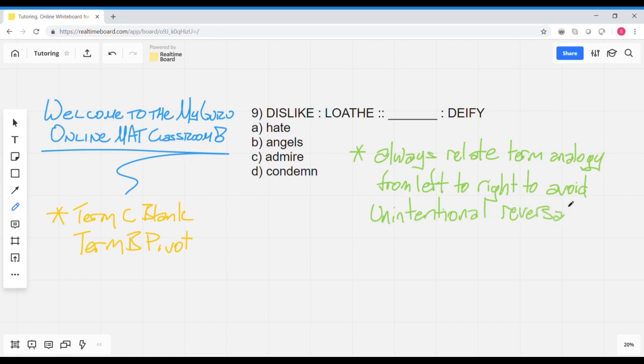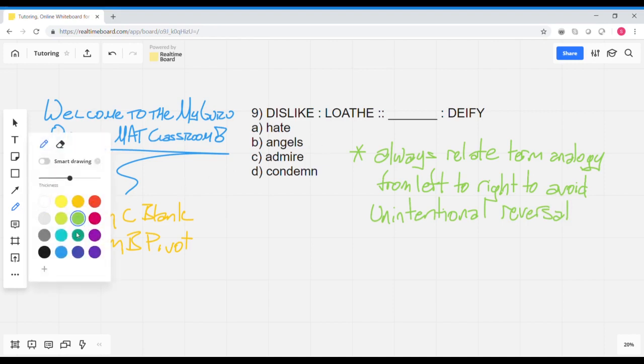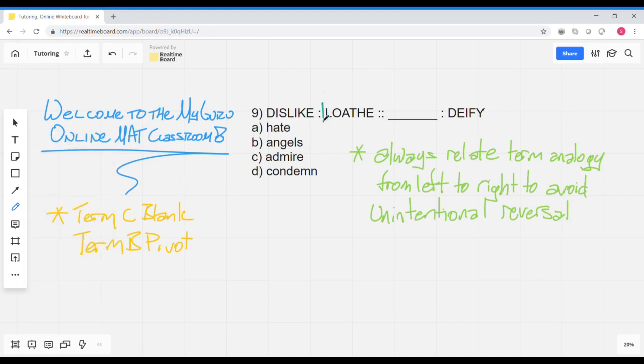So what that means is you want to say, as you're defining your relationship, and of course this time we know that our pivot is loathe, we want to say that dislike is a lesser form of loathe. And it's better than saying that loathe is a greater form of dislike, because it's just an easy way to make yourself get confused. And we know the confusion is how the MAT wins some of these battles in the first place. So you always want to go from left to right.